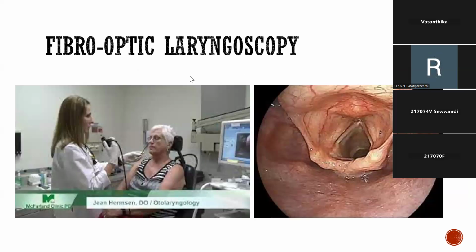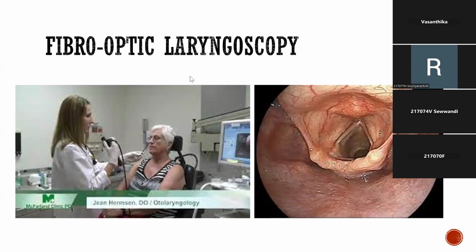What we use now basically is the fiber optic laryngoscopy. We have a fiber optic scope with a light and a camera which goes along the nose or mouth and gets a very nice view with real-time examination.